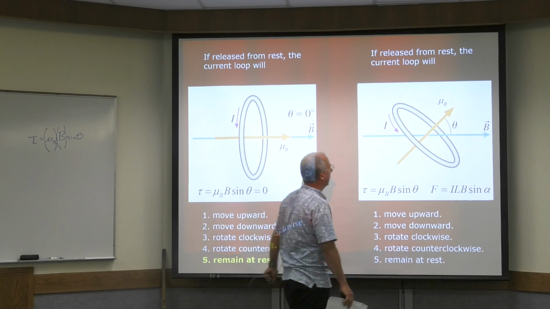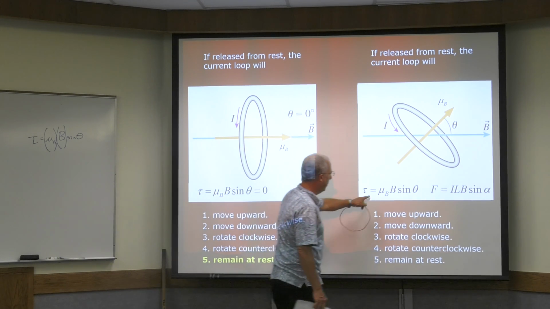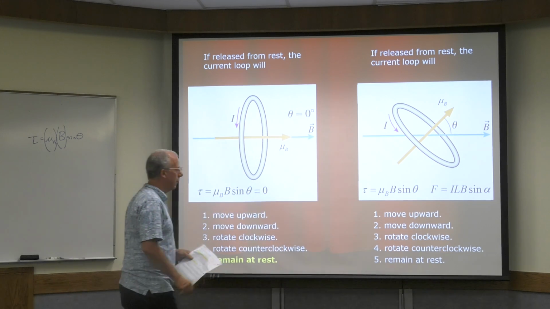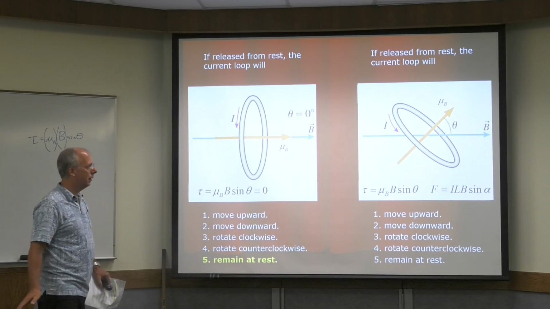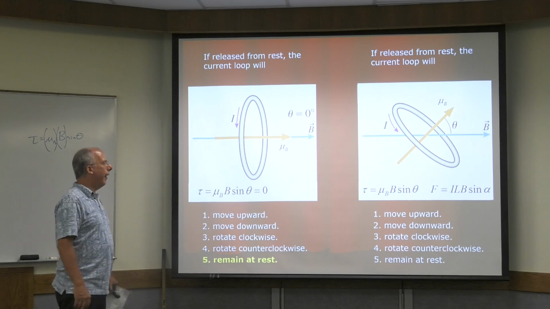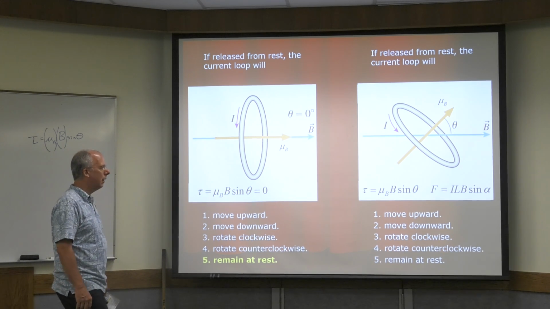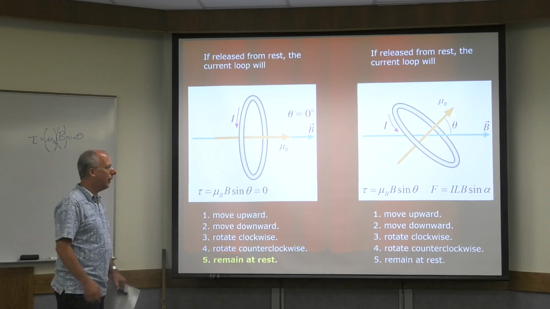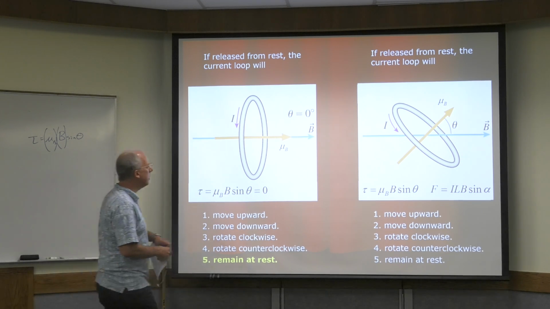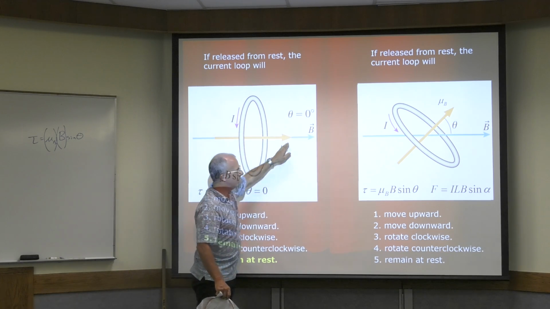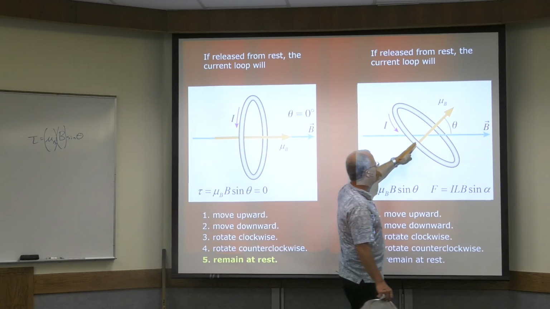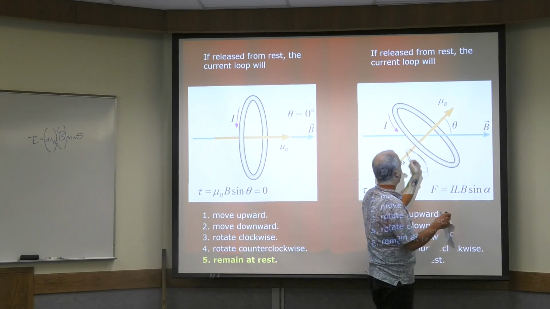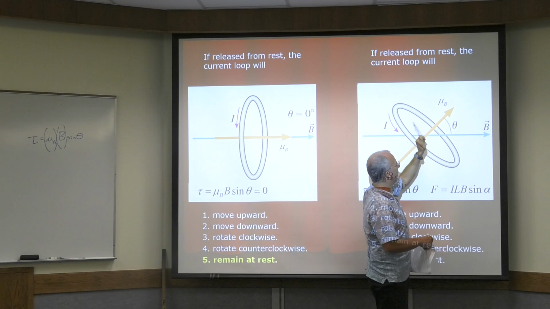If you don't want to use this one, you can use this one. Okay, what's going to happen? Remember, it wants to be like this. There's going to be a torque on it, right? The torque is going to want this thing to go like that, right?